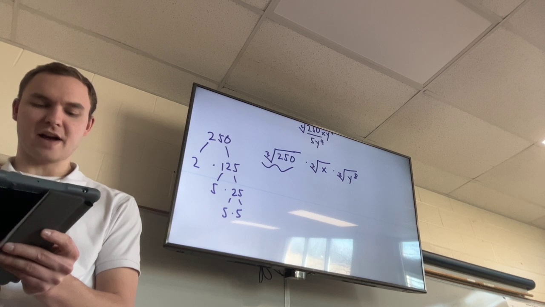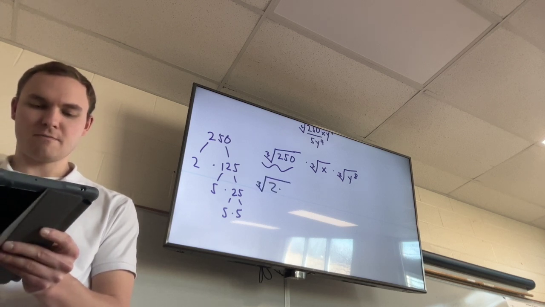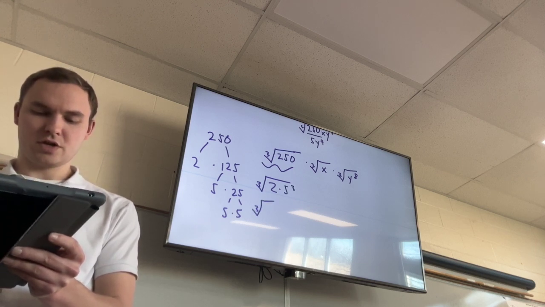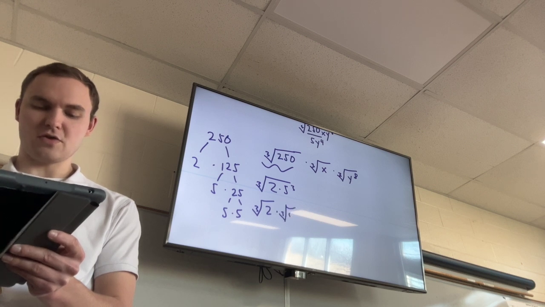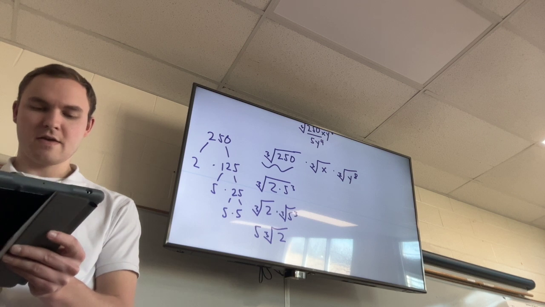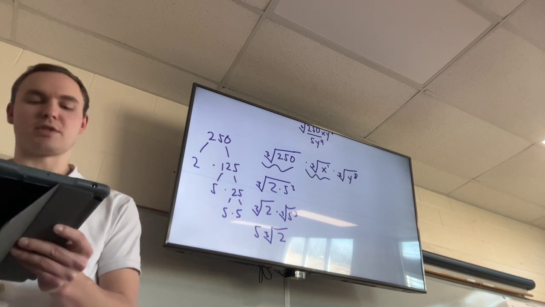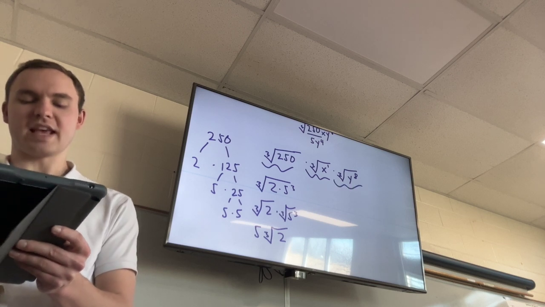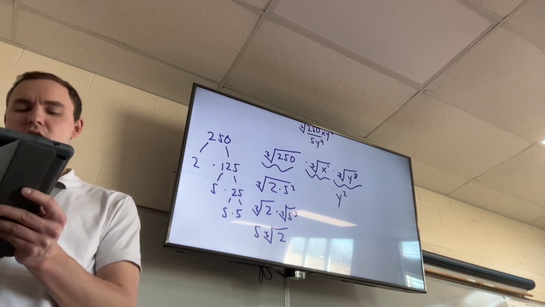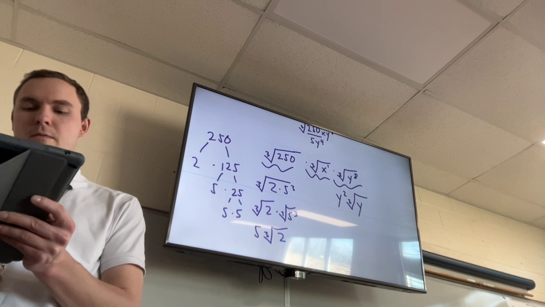So this is going to simplify to cube root of 2 times 5 cubed, or cube root of 2 times cube root of 5 cubed, which is 5 cube root of 2, okay? Is the x in the middle going to simplify? No, the number inside's too small. What does cube root of y to the 8th simplify to? Is that y squared, cube root of y squared?